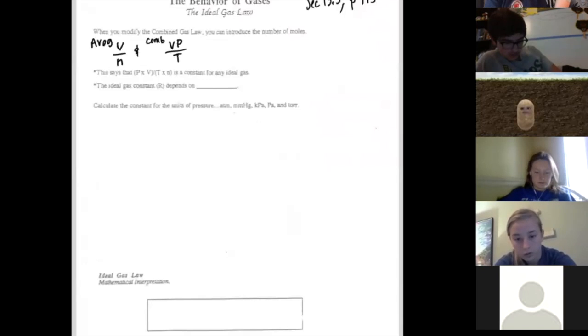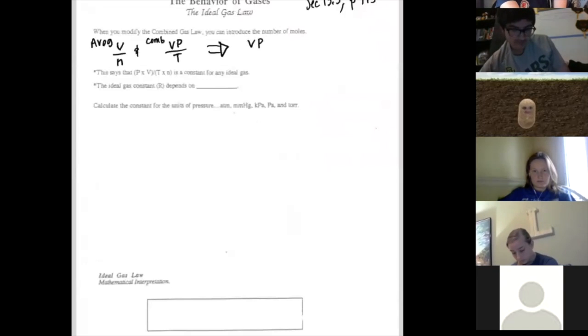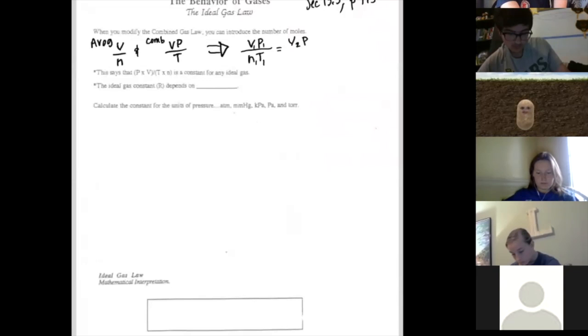Not really vice president or treasurer, that's just how we remember it, VP over T. If you combine these into one equation, you get VP over NT. So if we set it up like we did our other laws, we would have this scenario. And from that, we build up to the actual formula for the ideal gas law.